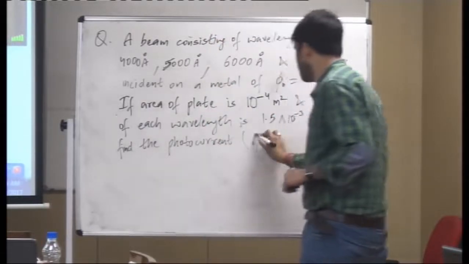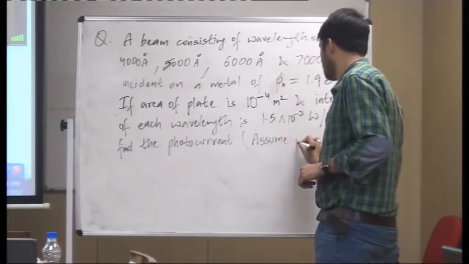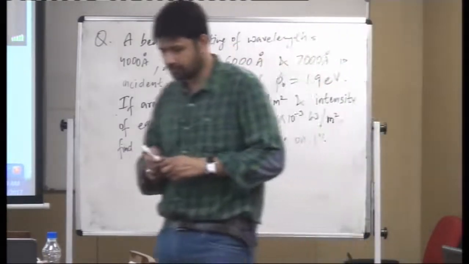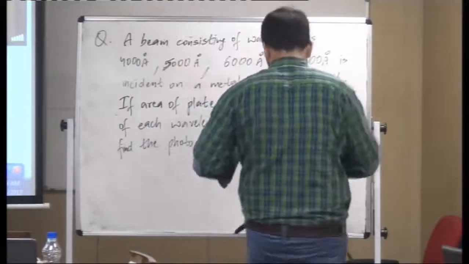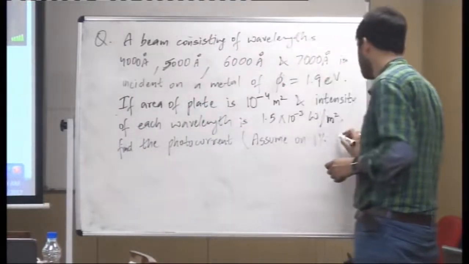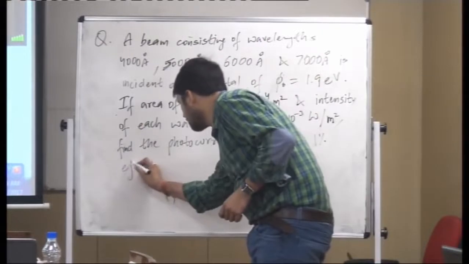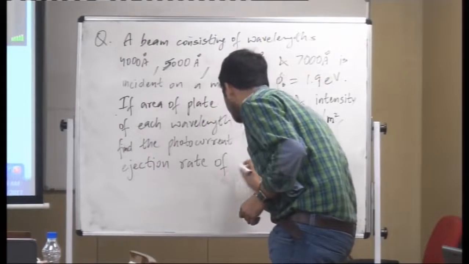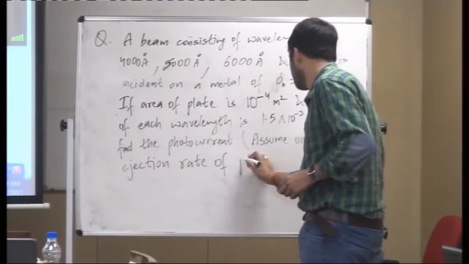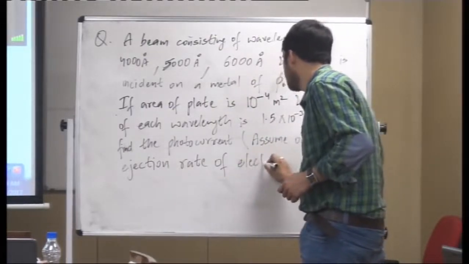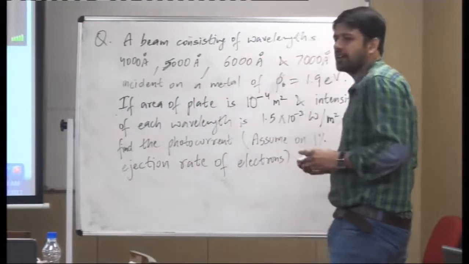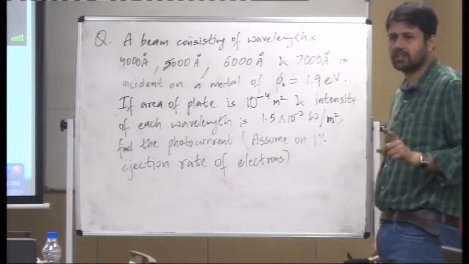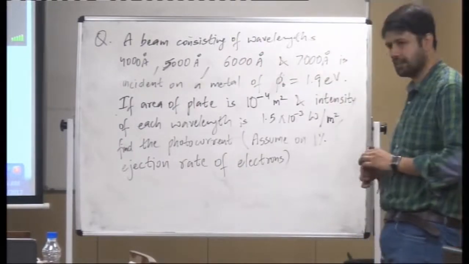Assume only 1% ejection rate of the electrons. What it means is that out of 100 photons only one would actually be able to eject an electron, right?